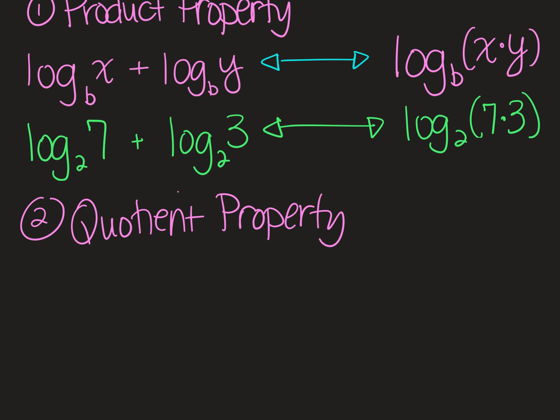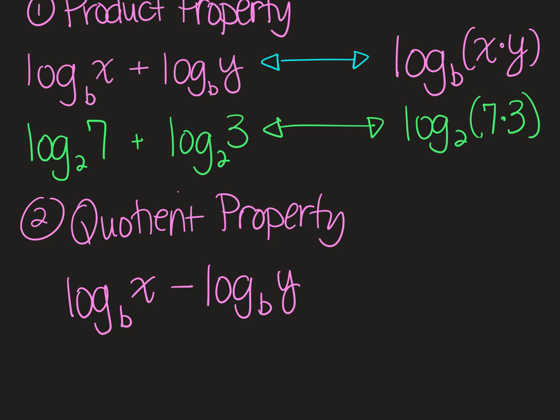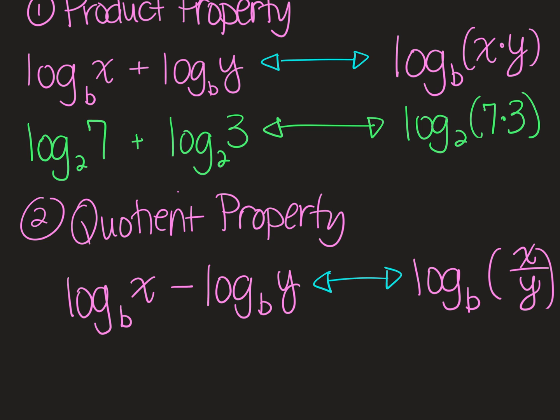So I'll start it the same way. We're going to have 2 logarithms with the same base, log base b of x, but this time we're going to subtract them, log base b of y. And then what happens with that is that we can rewrite that, again, as a single logarithm with the same base, but this time we're going to divide what was in the 2 logarithms.